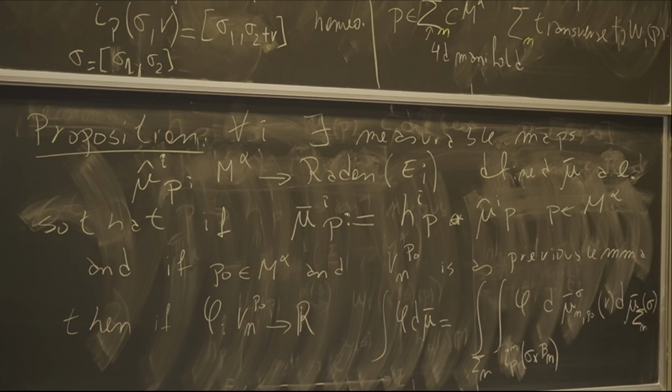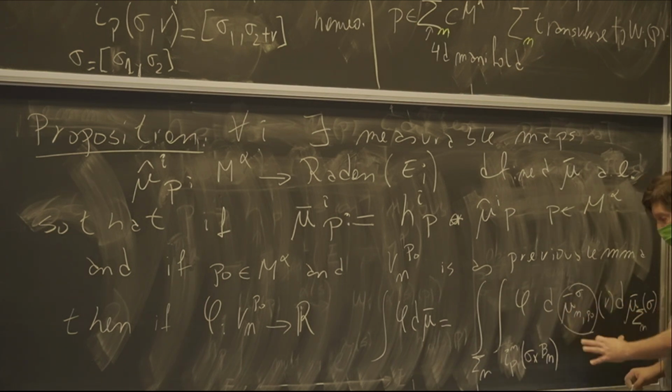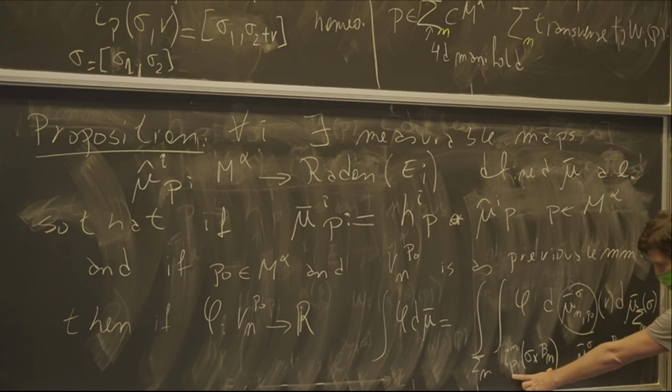So this is Rocklin decomposition on this nicely measurable partition, and what I wanted to stress is that these guys are probability measures. Mu bar sigma n p naught is a probability measure on this guy, iota p n sigma times p n.